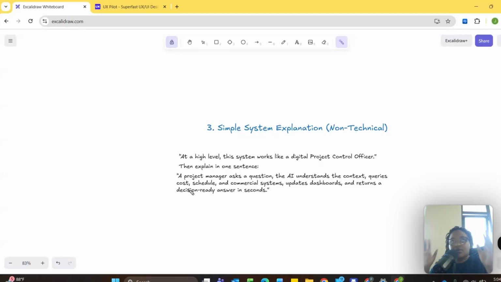Further, how it works is essentially that you, as a project manager, ask a question, the AI understands the context, queries the cost, schedule, and commercial systems, updates the dashboards, and returns a decision ready answer in seconds. This non-technical expansion is very important. It positions you to see, in one sentence, what does this system do? I know there are a lot of workflows and technical issues, but in one sentence, what does it do?